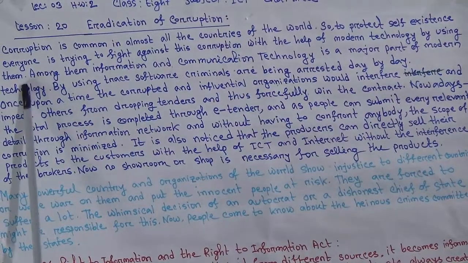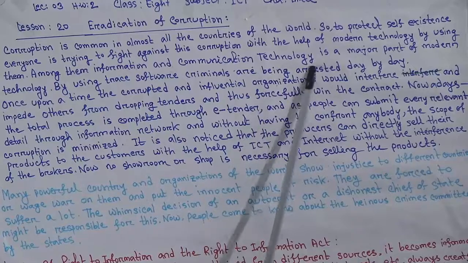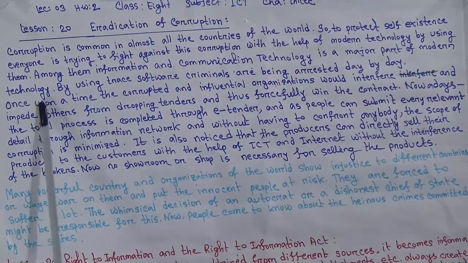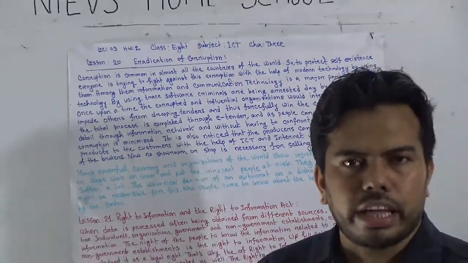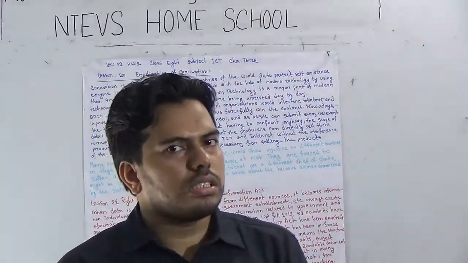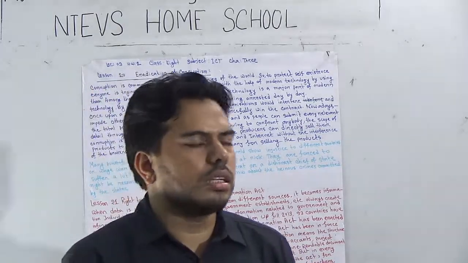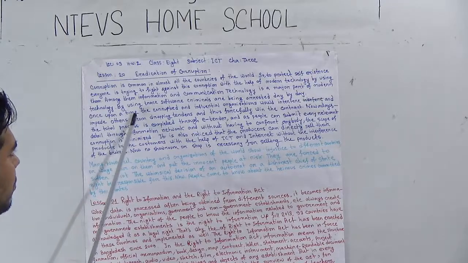Among them, information and communication technology is a major part of modern technology. There are a lot of technologies in our present world, but among them, ICT is the most important, and it has the best role in our present world.